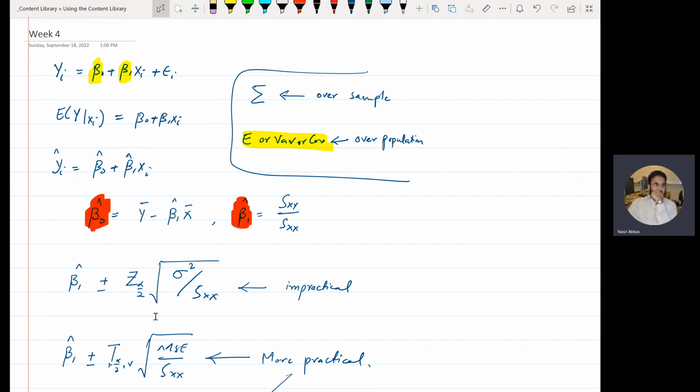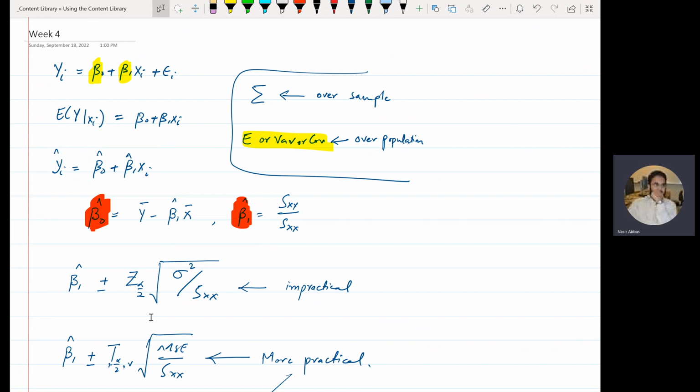Beta 1 hat and beta naught hat are the ones we are working with. They are constant within a sample. Within a sample, these are unique values, so the summation will not be applied on them, but expectation will be. Expectation, variance and covariance are applied over the population.